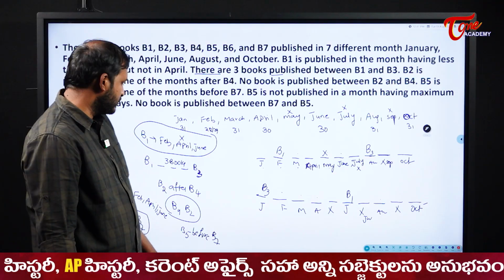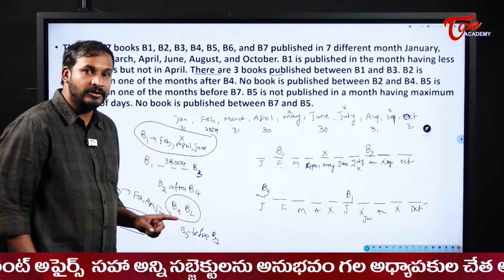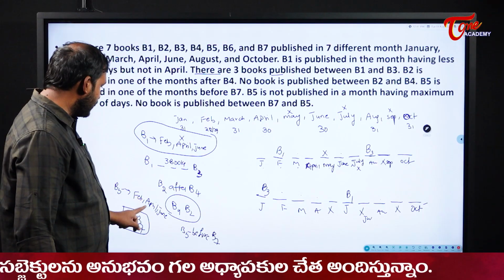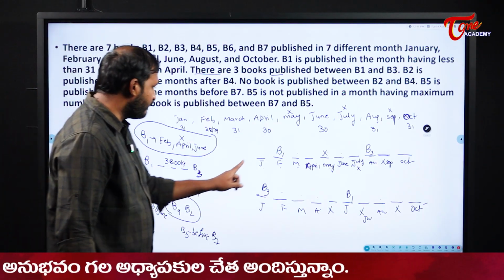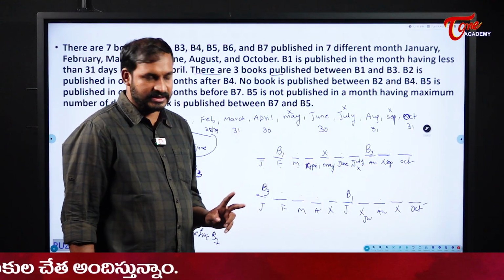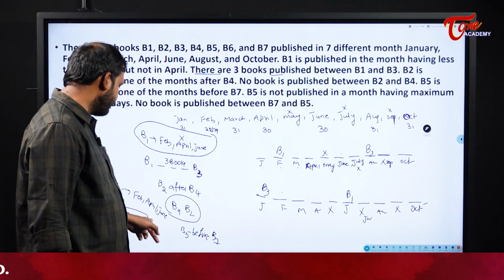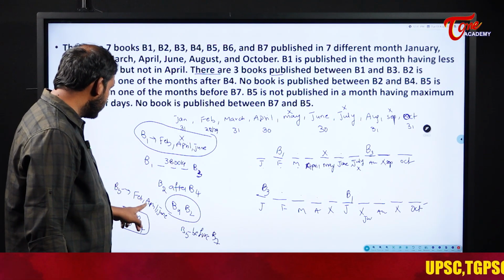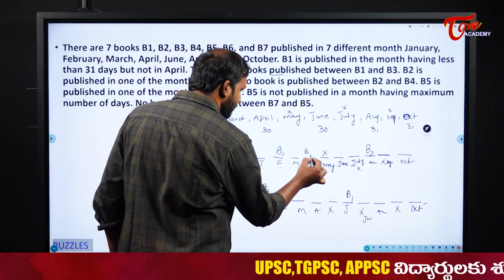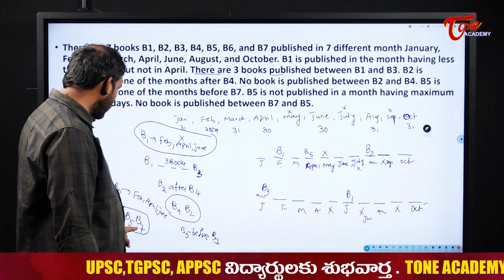Now see here, students. Now we need to place B5. B5 should be in the month of February, April or June. February is already taken by B1, so April and June I will have two chances for B5. For instance, if I assume B5 in the month of April, then where can I have B7?